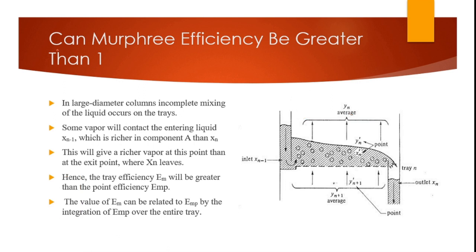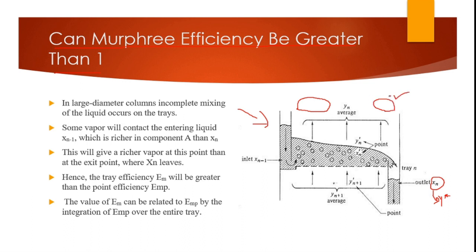Now let's see if we can answer this question. Can Murphy efficiency be greater than 1? We know that there is a y star corresponding to this xn, so there is a y star over here corresponding to this xn for Murphy efficiency. But you have to understand one thing: due to the concentration gradient over the tray, the concentration of the vapor at this region is high, and at this region it gradually decreases.